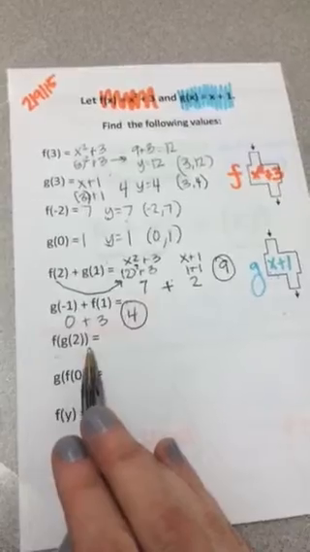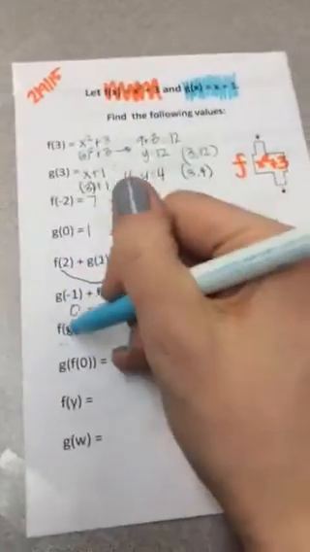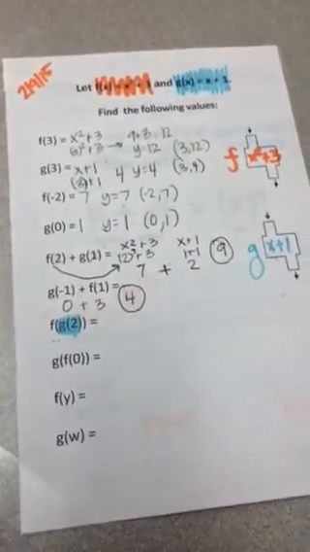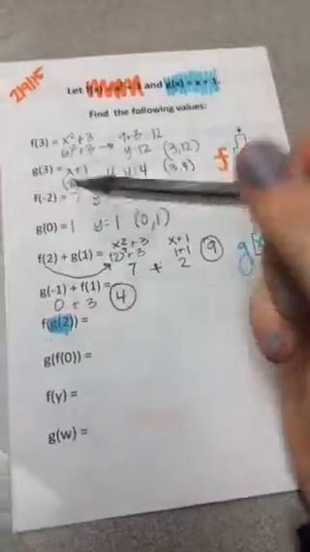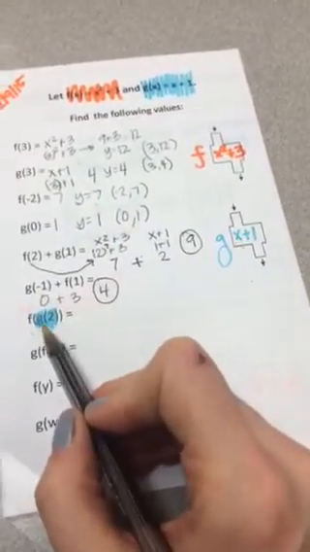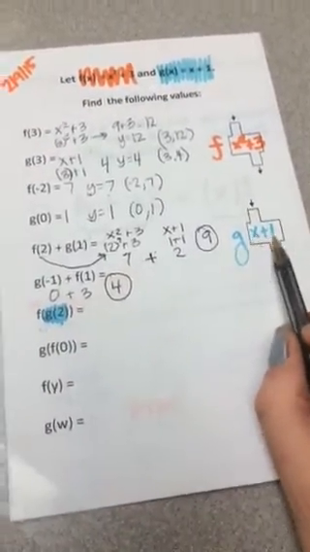In this case right here, if you look, we actually have a situation where we're going to use order of operations. So we have g of 2 in here first. So what this question is actually doing is evaluate the function f when your input is g evaluated at 2. So the first thing that we're going to do is evaluate g at 2. So 2 plus 1 is 3.